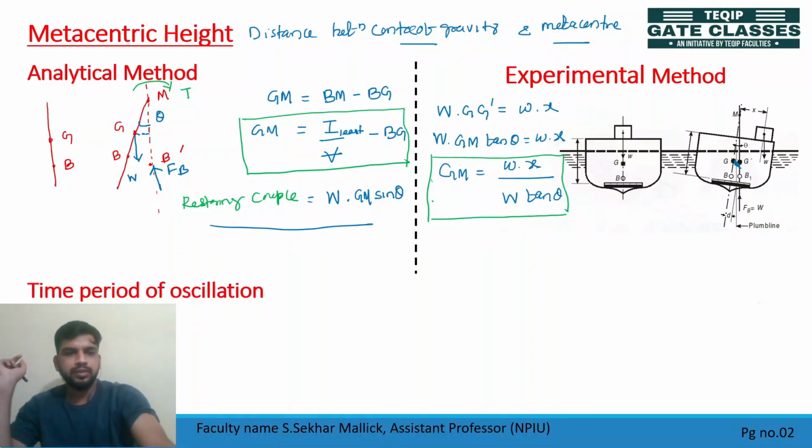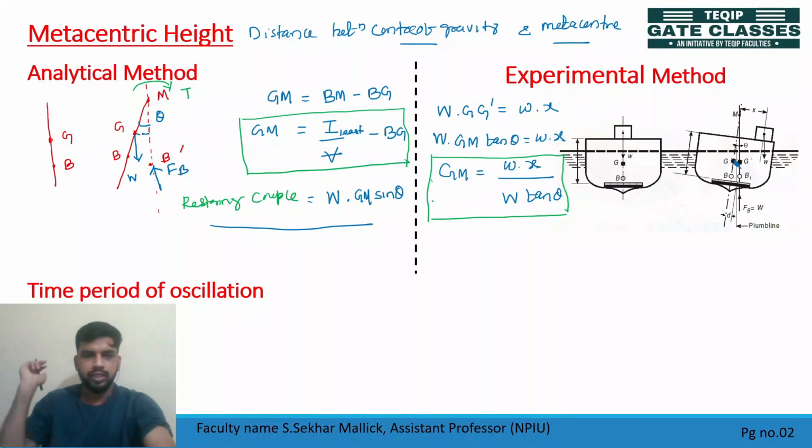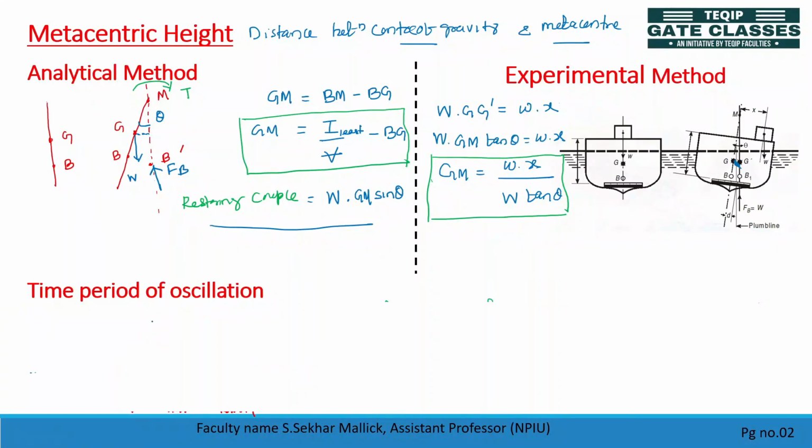Next is time period of oscillation. What is time period of oscillation? This is calculated by the expression T equal to 2 pi square root of K square by g Gm.